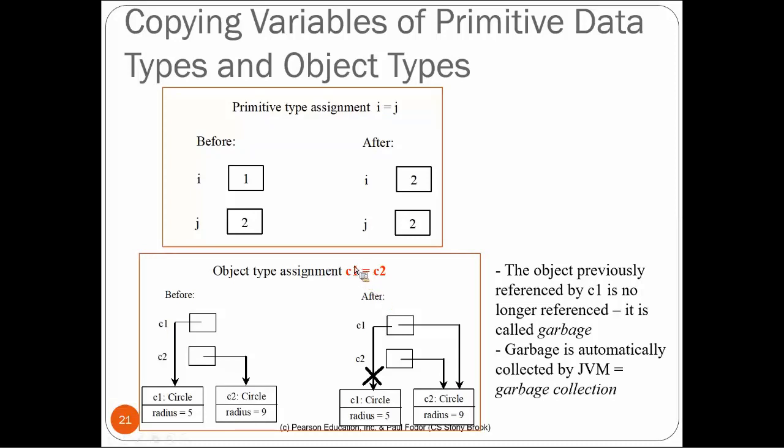Now what exactly happens if we have circle variables like c1 and c2? c1 being a circle of radius 5 and c2 being a circle with radius 9. If we assign c1 equal to c2, now c1 and c2 are the addresses of the same object of the type circle.